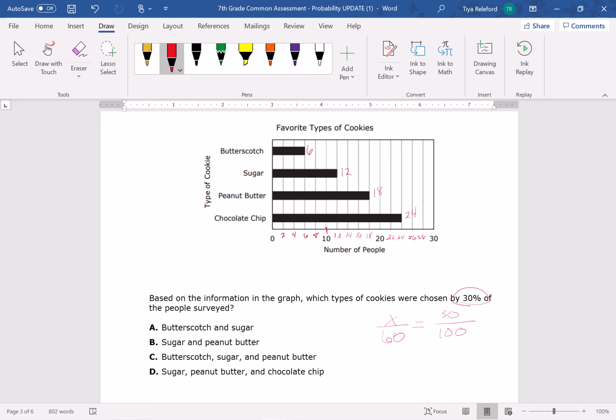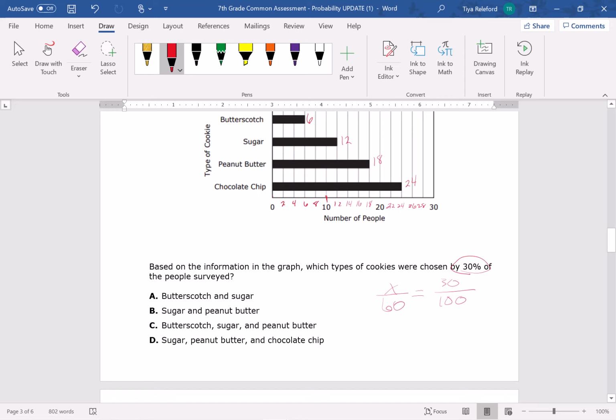So, to get your points, you must write your proportion like mine, and you must write everything I write when you solve it. 100 times x is 100x, and 60 times 30 is 1,800.